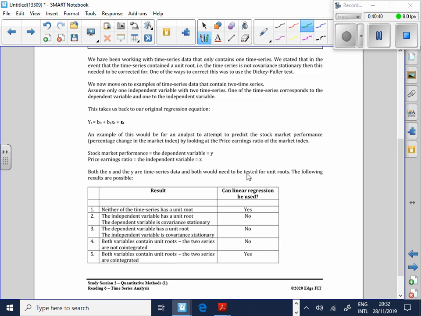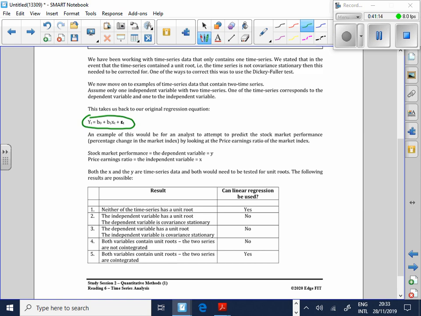We now have a quick look, guys, and they don't focus much on this. What if I now have not one time series, but data that contains two time series? One of the time series corresponds to the dependent variable, and one corresponds to the independent variable. You happy with that? Remember this equation, that y is equal to b0 plus b1 times x.